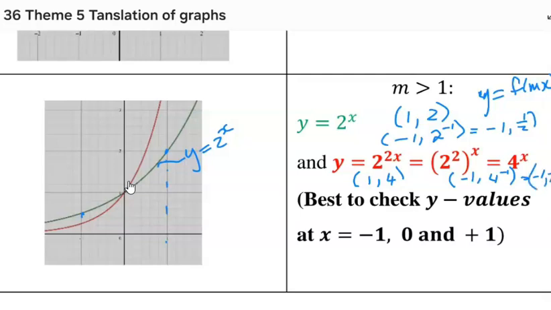Still positive. So on the left-hand side, the graph is below the green graph. On the right-hand side, it's above the green graph, but it is stretched vertically. And because this is now smaller, it doesn't look like this, but on the left-hand side, it is compressed because it's below the green graph.